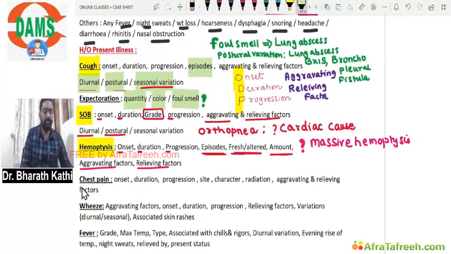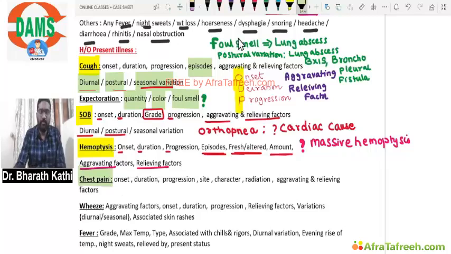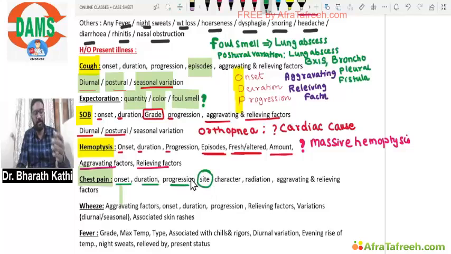The next important cardinal symptom is chest pain. In chest pain, again the same thing: what is the onset, what is the duration of the symptom, what is the progression? And site is very important. As somebody was asking me regarding GERD, GERD is generally epigastric, more on lying down.